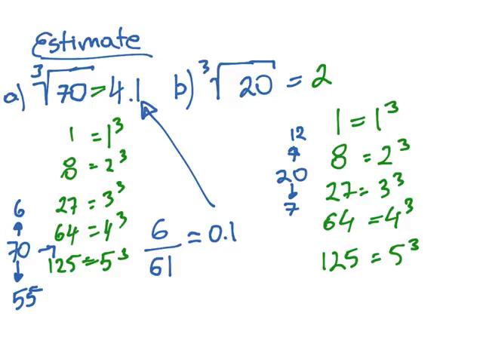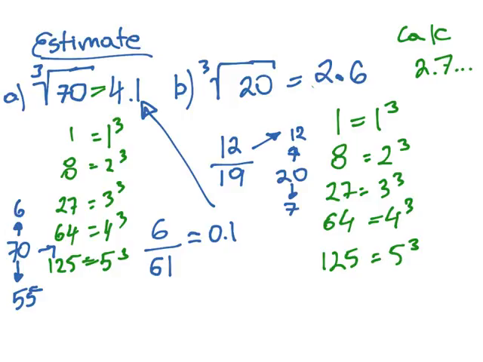That decimal point will be decided by 12 over 12 plus 7, which is 19. So our answer turns out to be 2.6. The calculator's actual answer is 2.7 and keeps going. And that's okay. This estimation procedure works in most cases, but it will sometimes be off. So even though it was off by 0.1, or just the first decimal, it's a pretty good method for estimating cube roots and square roots.